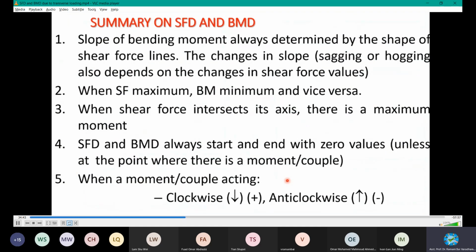Summary, before we go for calculation. The slope of the bending moment is always determined by the shape of the shear force lines.